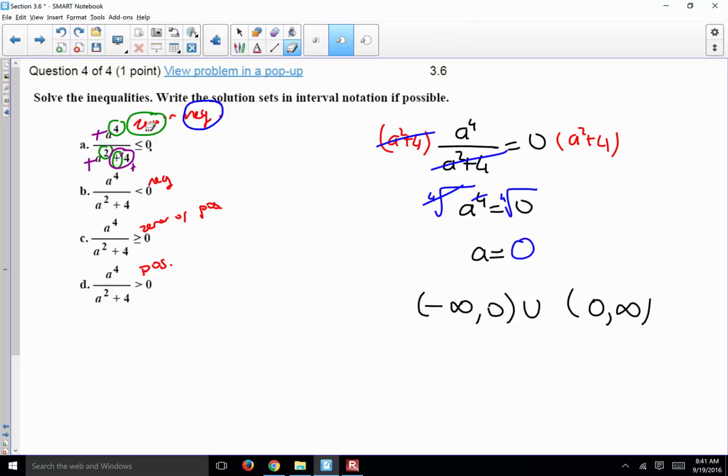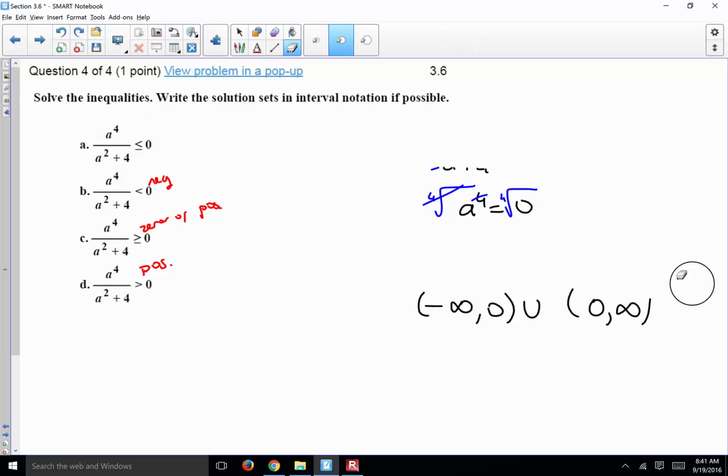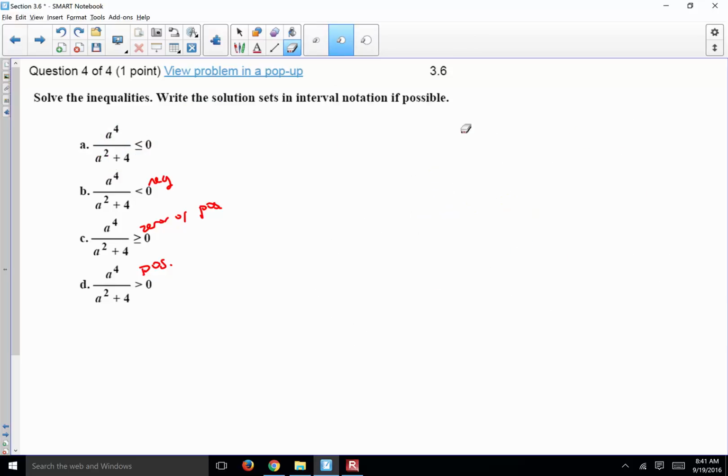But if you don't like this logical option and you want to do everything from scratch, you need to first, step 1, make sure the right side is 0. Yes, step 1 is okay. Step 2, you need to see if there are any undefined values. Are there any values that make the denominator 0? A squared plus 4, can it ever be 0?